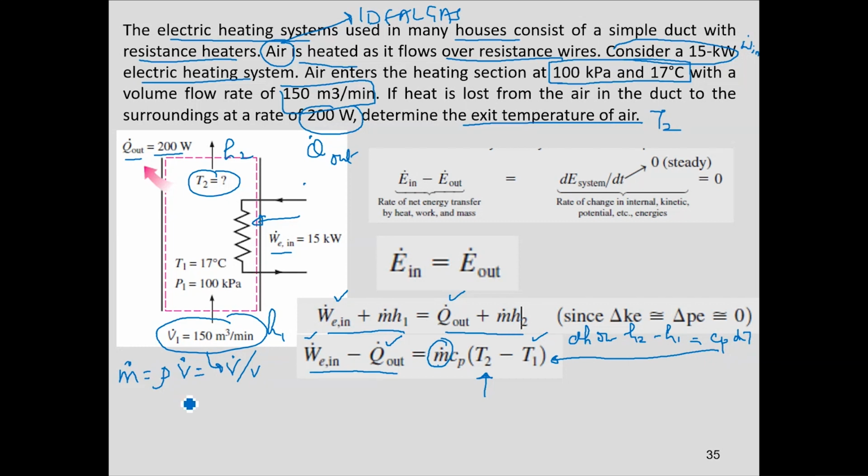The specific volume, since we have assumed air to be an ideal gas, we can apply the ideal gas relationship, which is PV equals RT, or specific volume equals RT over P. This would give me the specific volume. Plug it into the equation and you can find out the mass flow rate. Cp again is the value that you can extract from the table for air as an ideal gas at room temperature.